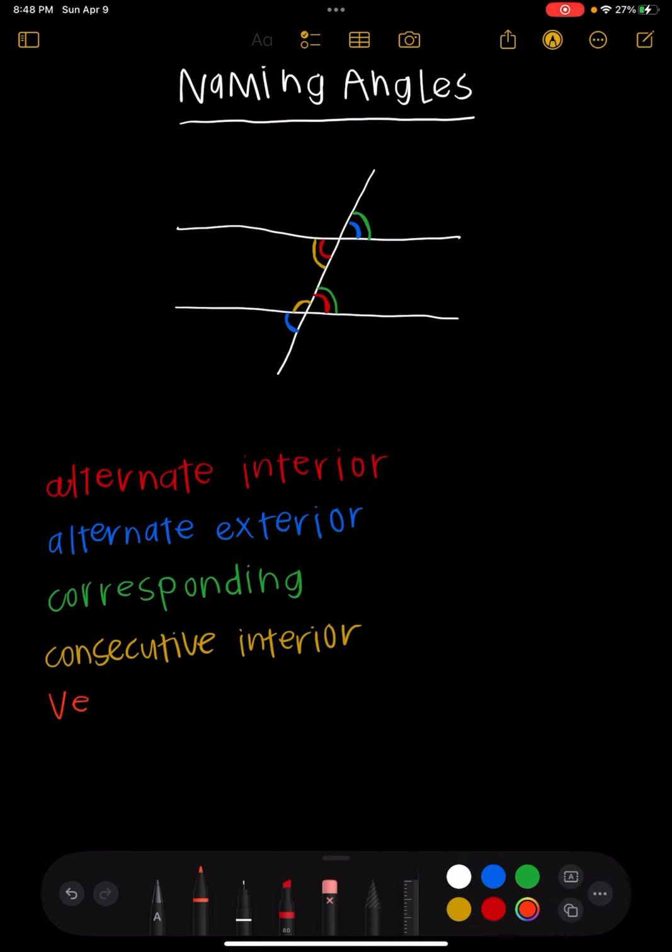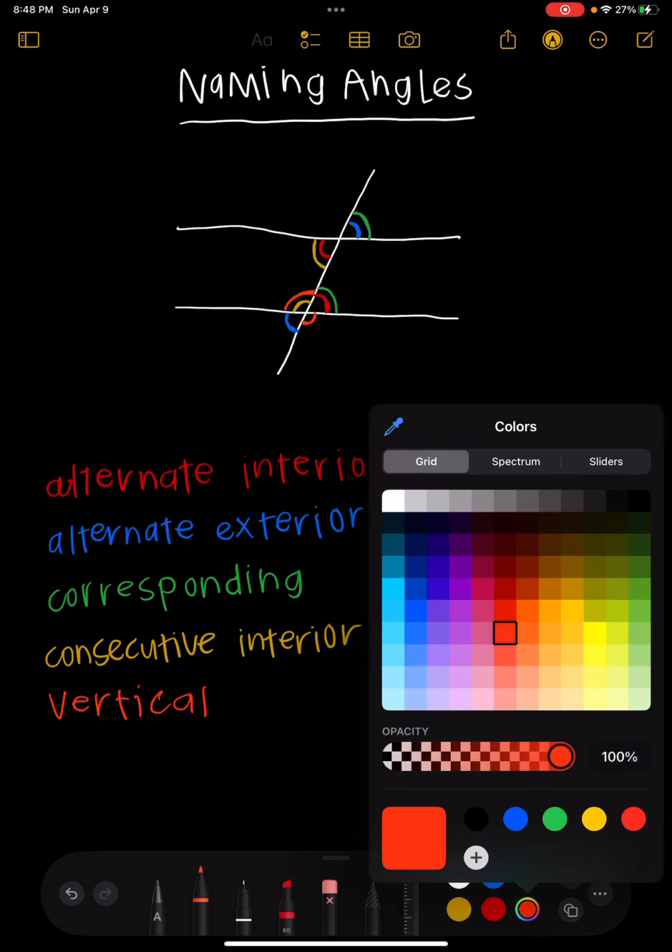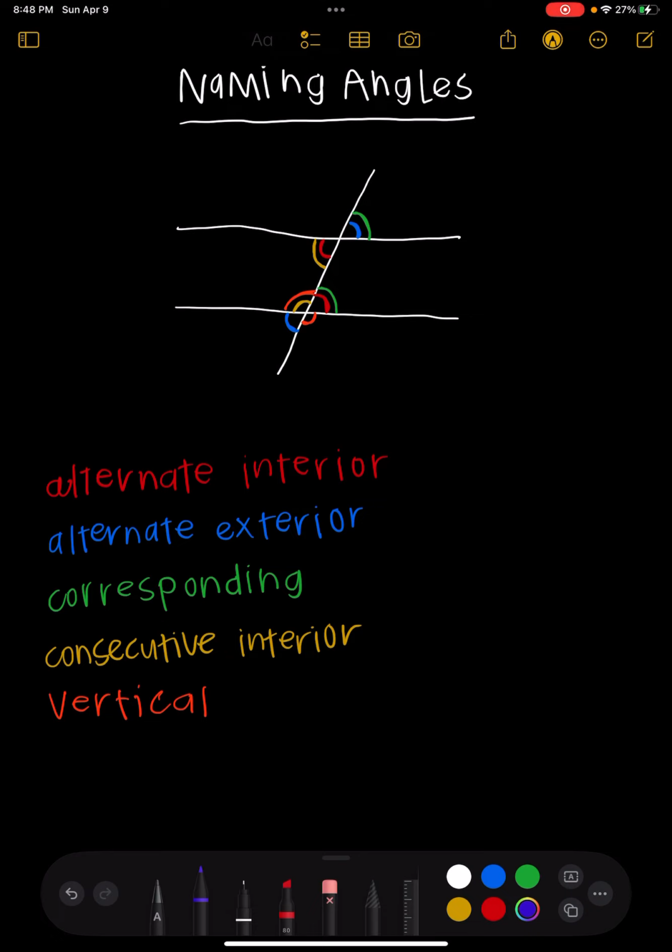So the next one we're going to talk about is vertical. Vertical angles are opposites of each other. A good example would be this one and this one. Those are vertical angles because they're right across from each other. And then the last one that we're going to talk about is called adjacent.